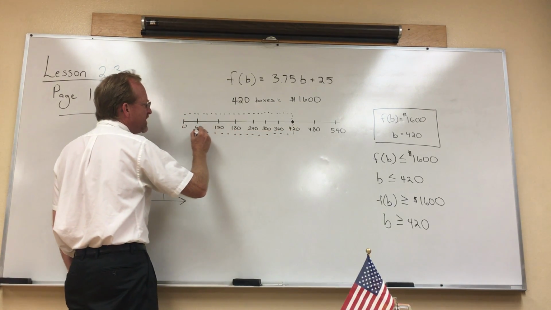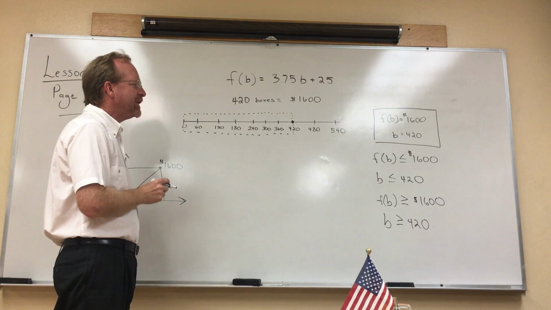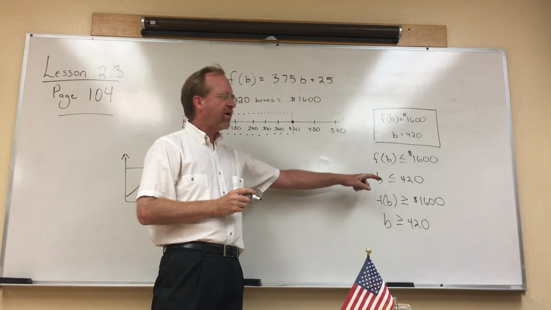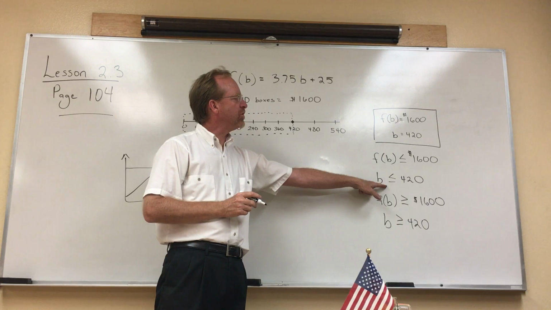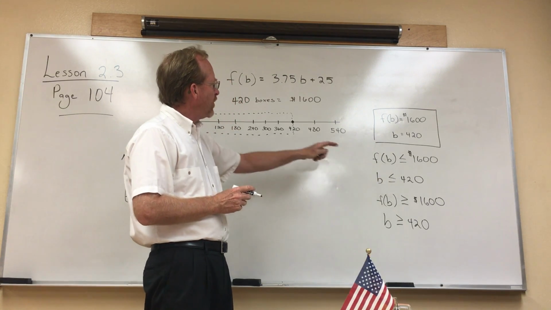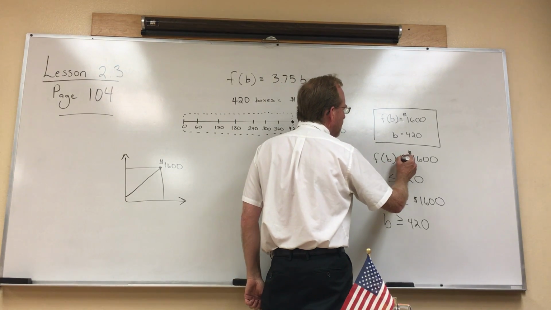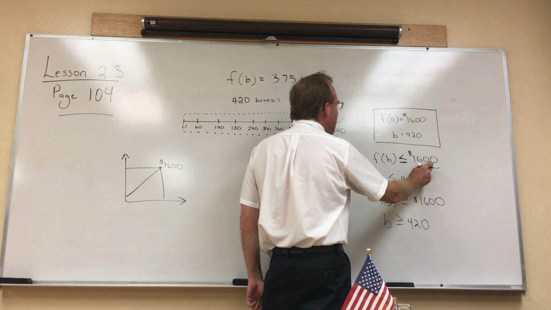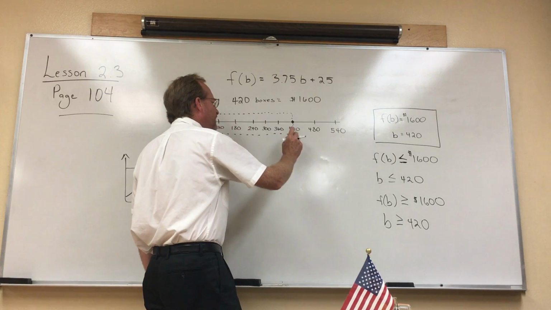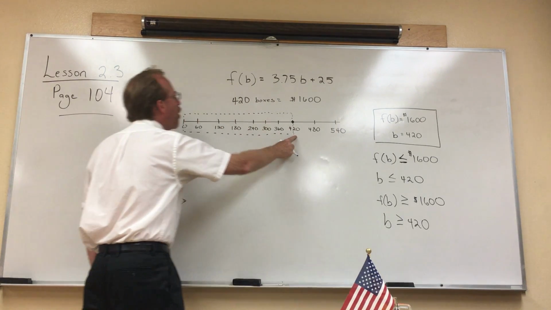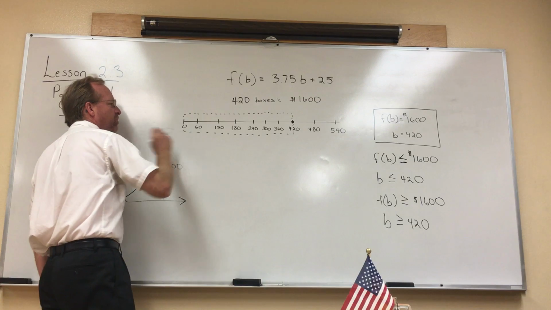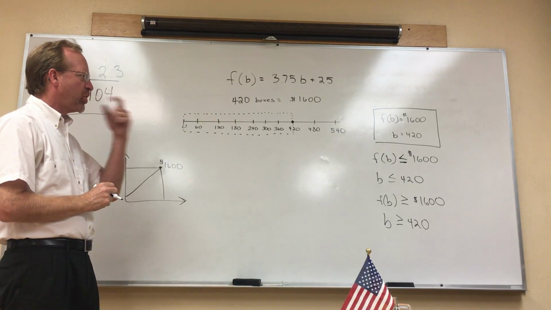All the numbers in this neighborhood will get you less than $1,600. Let's rephrase that slightly, because this is an equal to or less. So if you want to be equal to or less than $1,600, then you've sold 420 or fewer boxes of popcorn. And that's what the marking would look like.